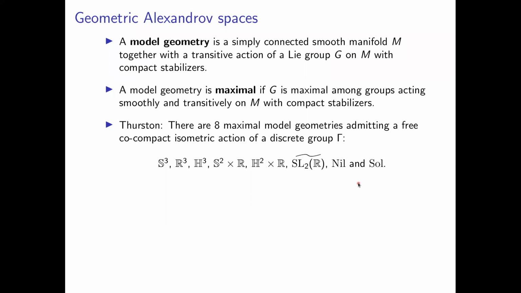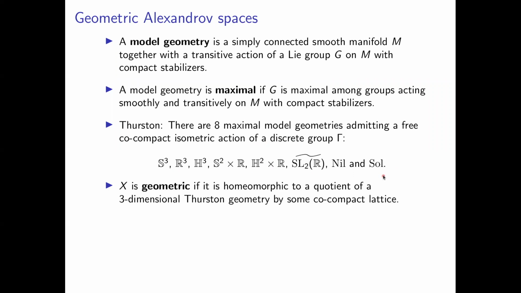And then there's the geometrization conjecture, the statement that you can build all closed 3-manifolds out of these geometric pieces. Manifolds that can be obtained as quotients of these 8 geometries are called geometric.